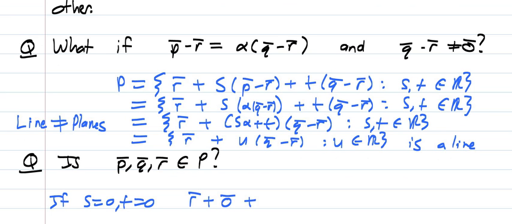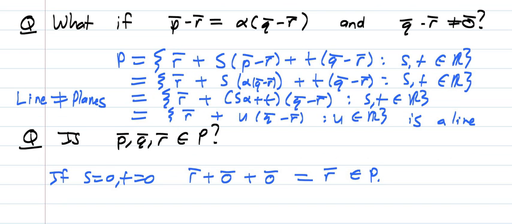And R plus a 0 vector plus a 0 vector is R, so it will be sitting on P. So if we define it in this form, and we make S naught and T naught, then we get the vector R, which should be sitting in P because that's the set notation definition.